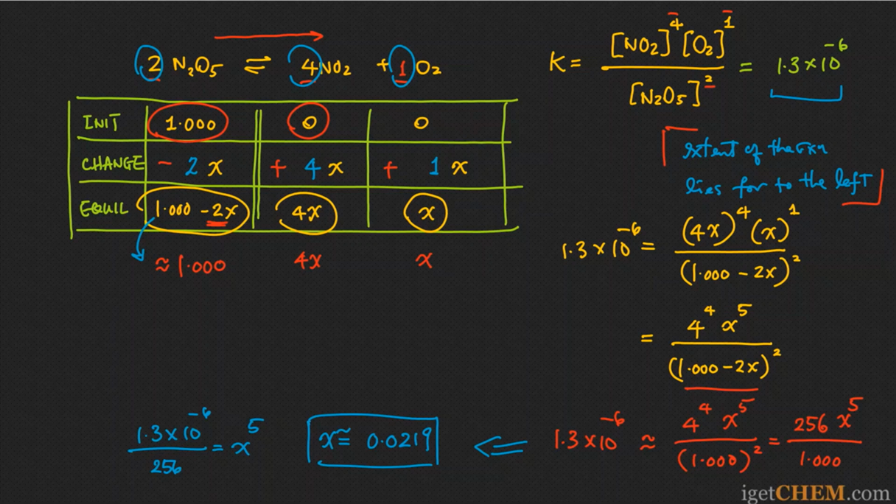And so if you had used that, then you can calculate the final concentration. Simply, the concentration of N2O5, according to our approximation, is just about 1. But the final concentration for NO2 is 4 times x, and that turns out to be 0.0876.